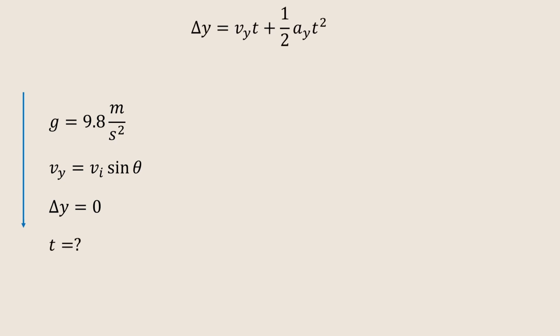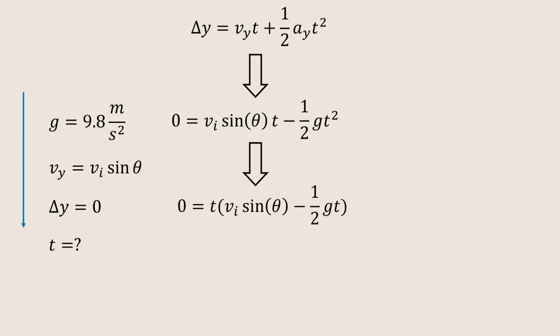Using the equation delta y equals velocity in the y direction times time plus 1/2 acceleration in the y direction times time squared, we can turn this into 0 is equal to initial velocity times sine of theta, which is just plugging in our value for Vy, times time minus 1/2 gt squared. We're using 9.8 meters per second squared for our g.